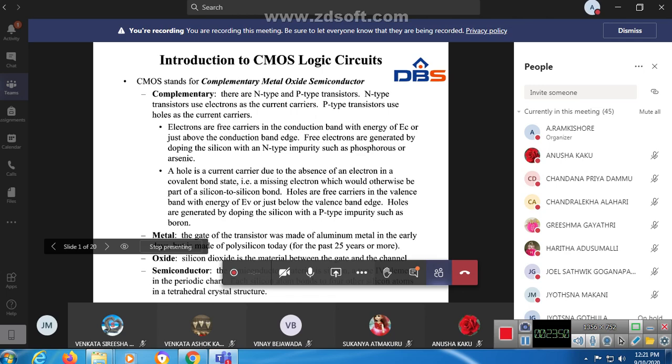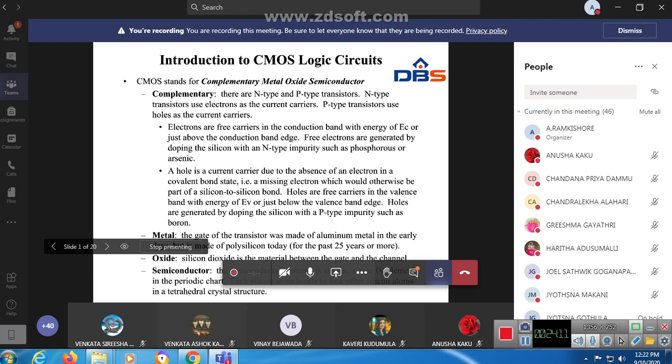Free electrons are generated by doping the silicon with an n-type impurity such as phosphorus or arsenic. These are all things you studied earlier. In n-type the majority carriers are electrons, and in p-type holes are the majority carriers, acting as the current carrier.